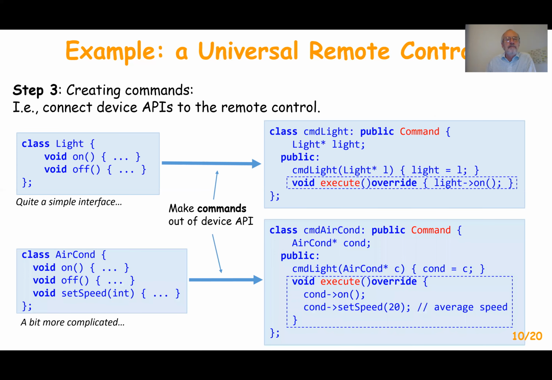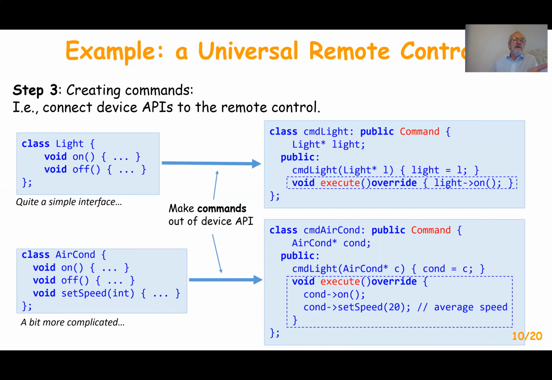Another device, air conditioner. Okay. Well, obviously, the air conditioner has a little bit more complicated interface. Of course, it also supports switching on and off. And additionally, it is possible to regulate the speed or intensity of air conditioning.